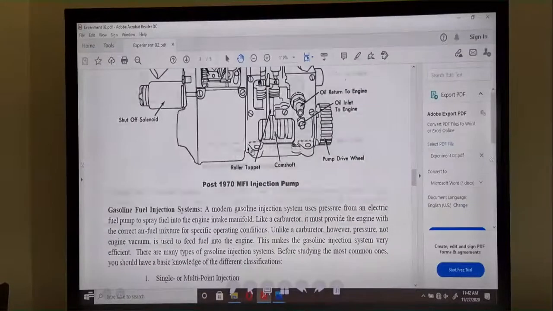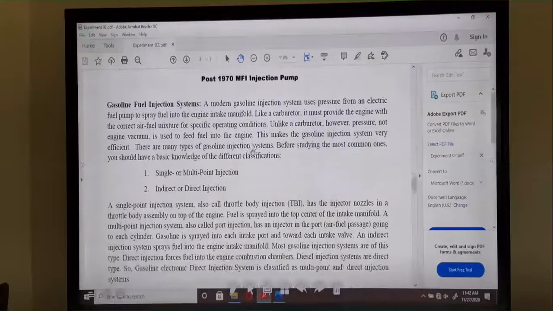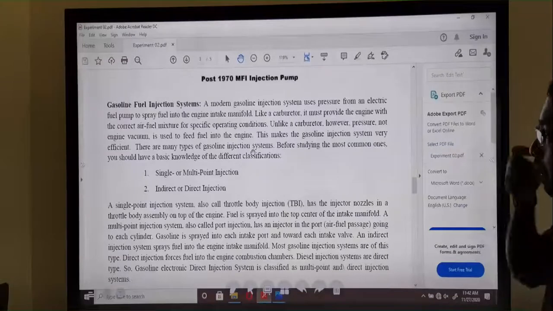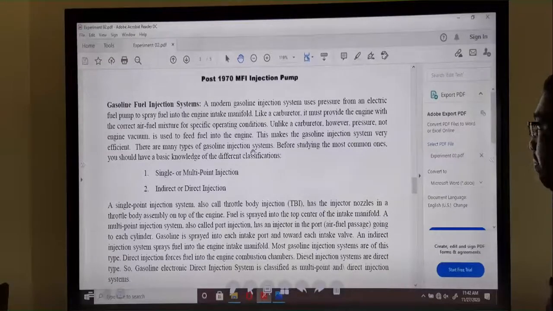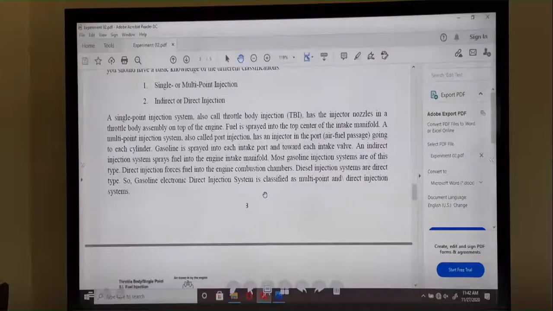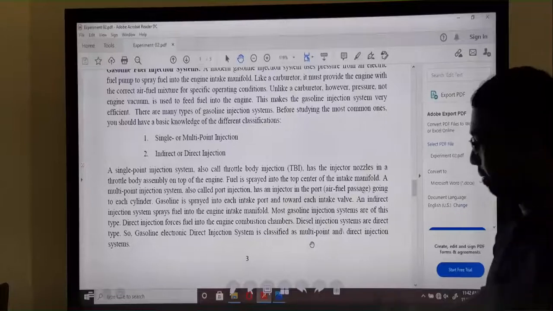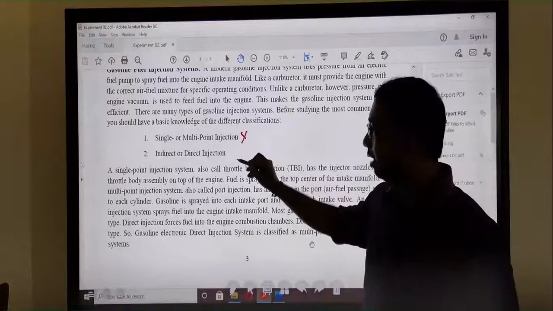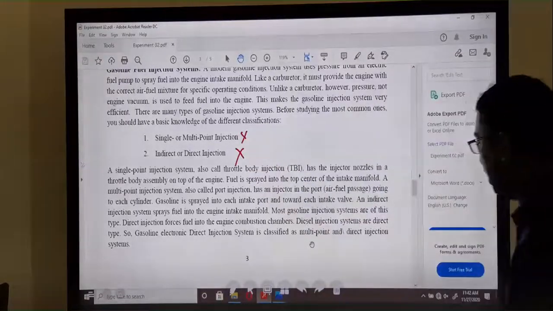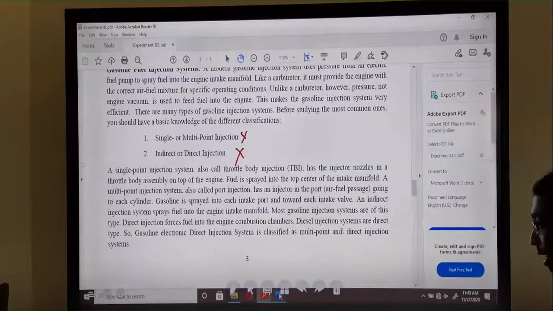Now we can see the injection process. There are some types of injection: single and multi-point injection, direct and indirect injection. What does that mean? I explain here.